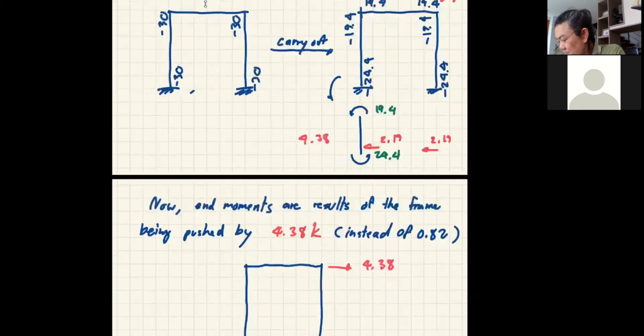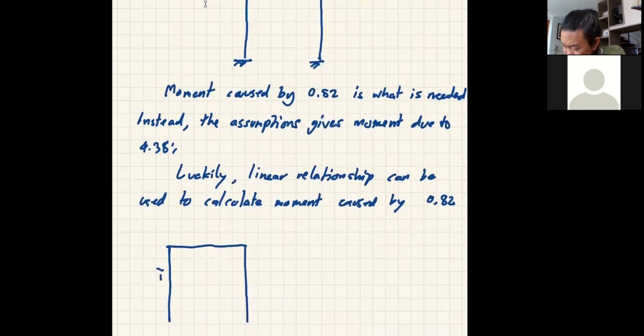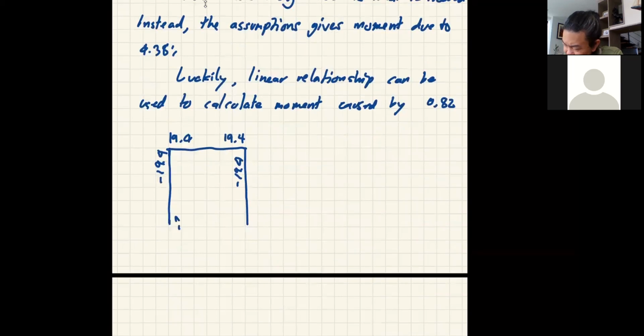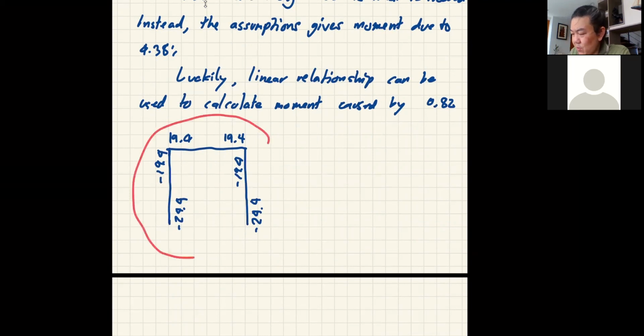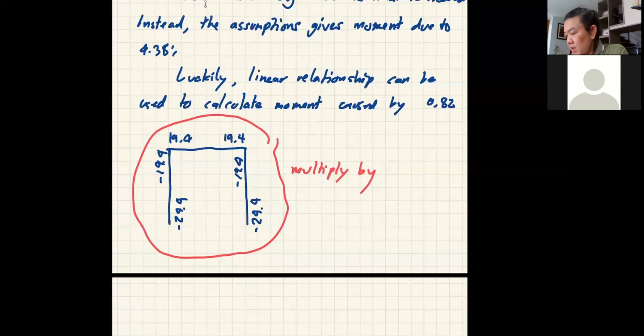So we have 19.4, minus 19.4, 19.4, 19.4, minus 19.4, and minus 24.4. My handwriting is pretty awful. You okay with that? We multiply this whole thing. We want the moment due to 0.82, but we have moment due to 4.38. So we have to multiply this by 0.82 over 4.38. Now we're going to have moment due to 0.82 because it's linear.